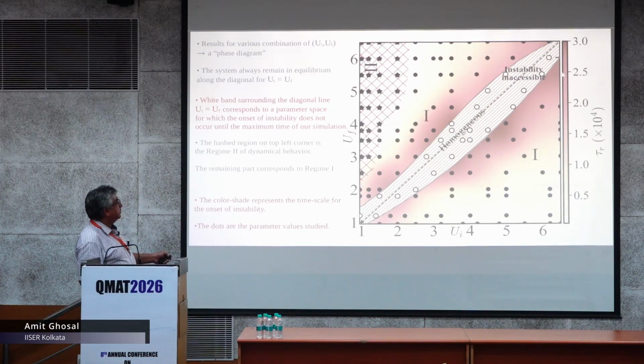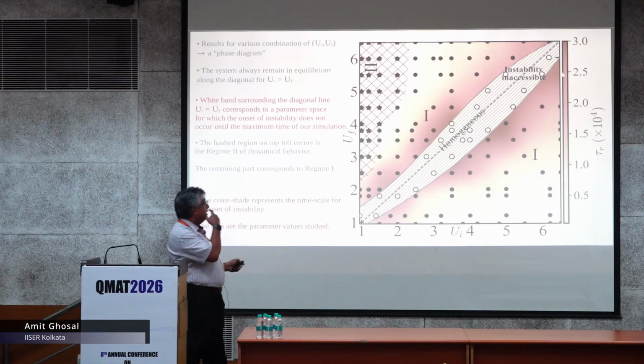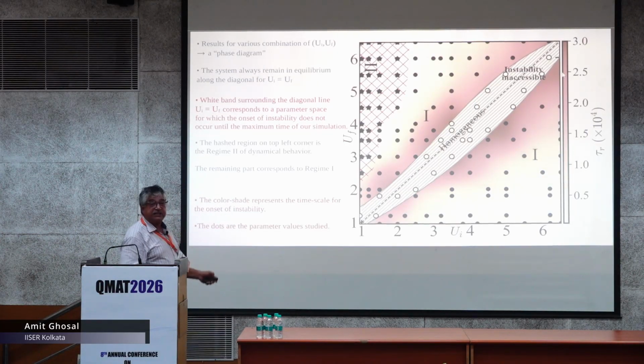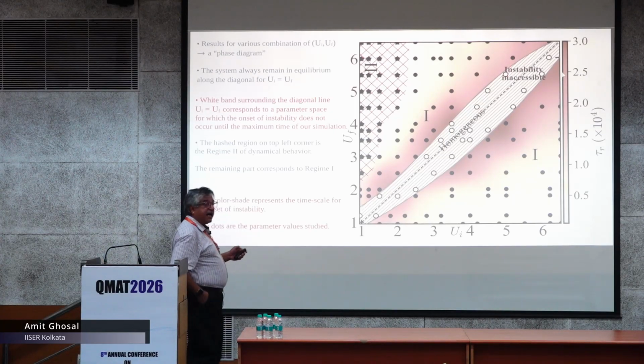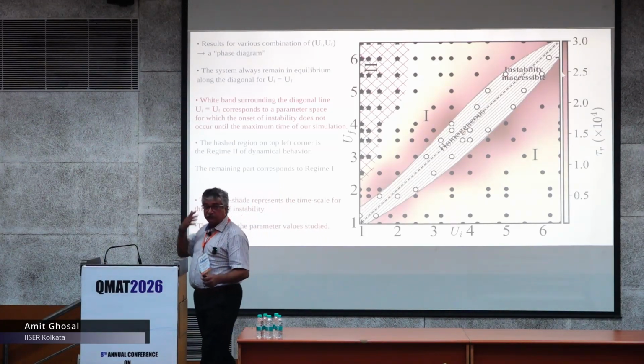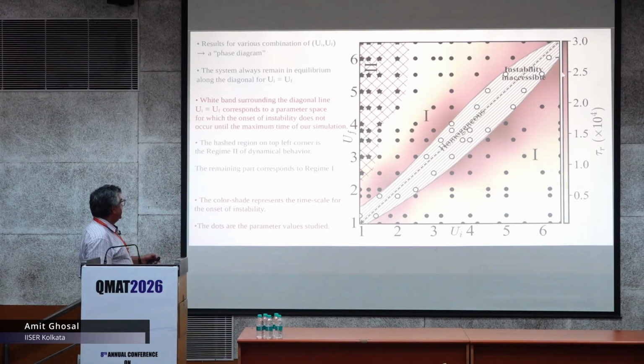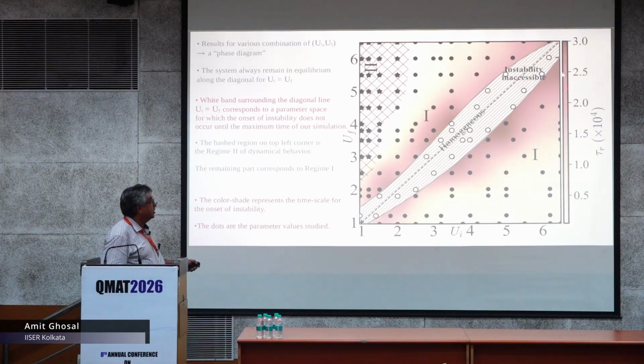The main thing I want to draw your attention to is that for a very large parameter space, the homogeneous dynamics is unstable to any small perturbation, and they all lead to instability. The color shading represents the time scale for the onset of instability.